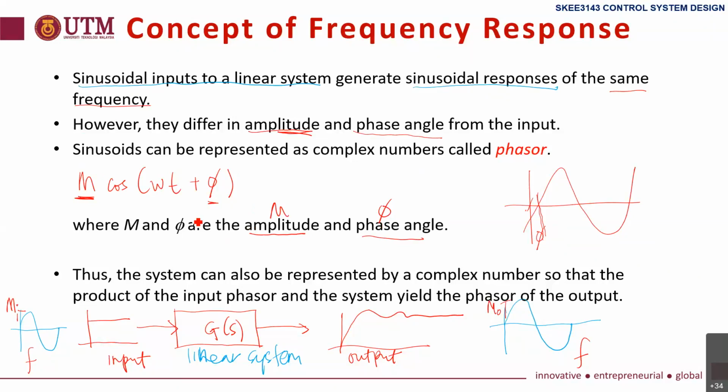It can also be written in a form we call a phasor. I think you learned this in circuit theory. We write it in this form: M, angle phi, where M is the amplitude and phi is the phase angle. This is another way to represent the sinusoidal signal.